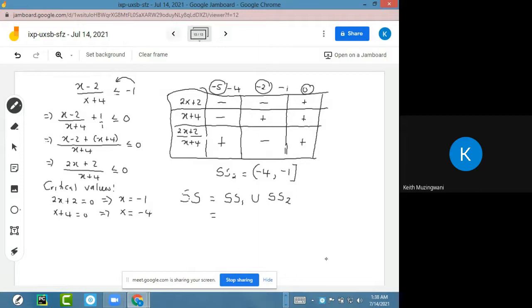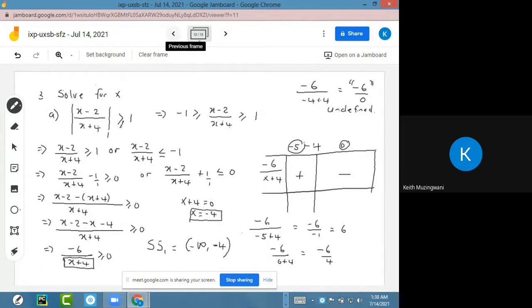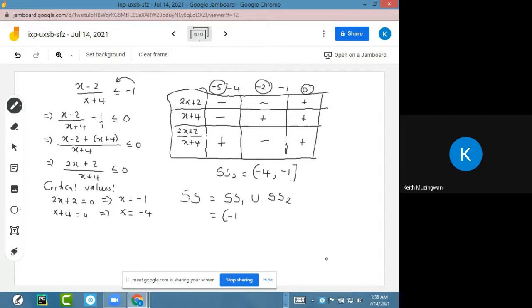Solution set 1 is -∞ to -4, union solution set 2, -4 to -1. This is just the union of itself. It cannot be brought into one interval because one is ending at -4 and the other is starting at -4, but none of them includes -4. So they are separated for the reason of skipping -4. So that becomes our solution set.